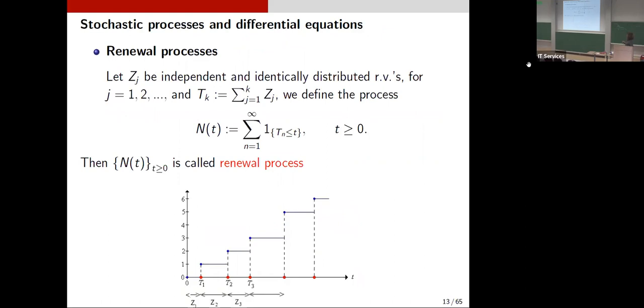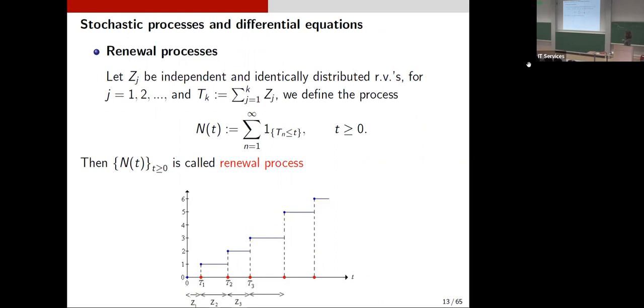And the other class of processes I will concern with is the class of renewal processes, which is a class, again, of Markov processes, but now, first of all, the state space is non-continuous.